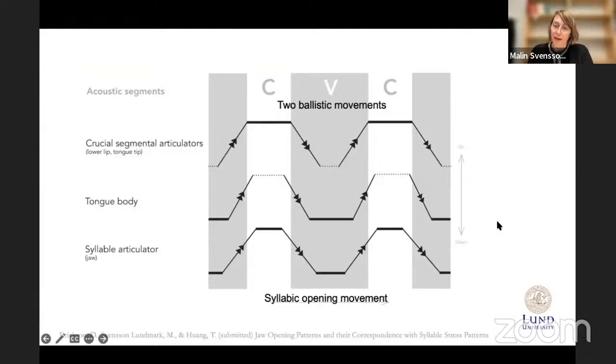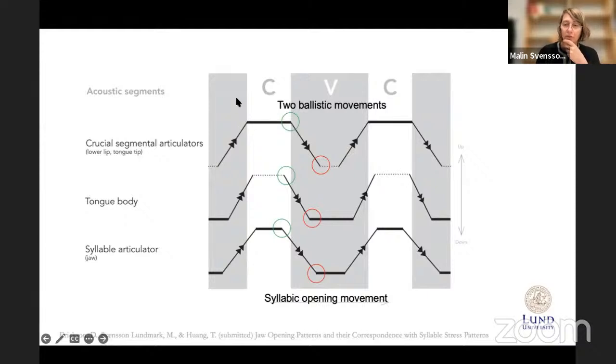But all of the fast movements are simultaneous. The articulators are always moving fast at the same time, as are the postures. They are still at some point at the same time. And then the timing of the acceleration peaks and the deceleration peaks are therefore very much related. But how and to what extent, we don't know yet.